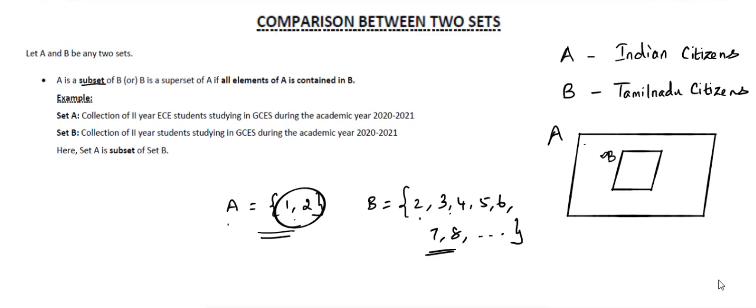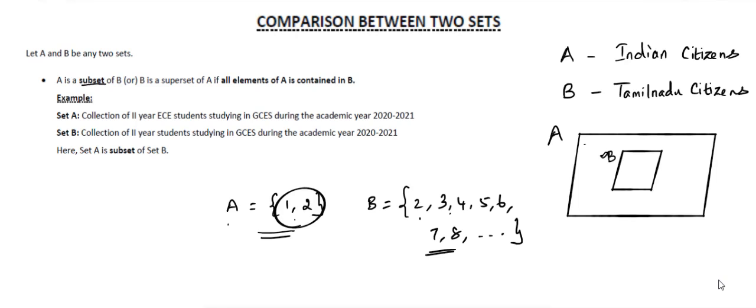Is it clear? Now I am giving another example. The definition here is very simple: A is a subset of B if all elements of A are contained in B. Only now am I terming one smaller and one bigger, after telling you the definition of subset.